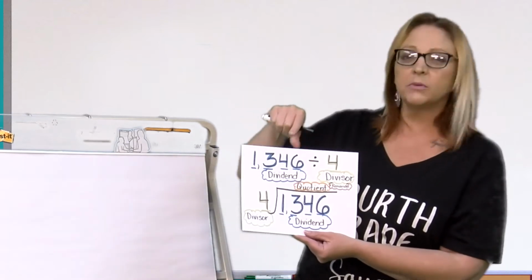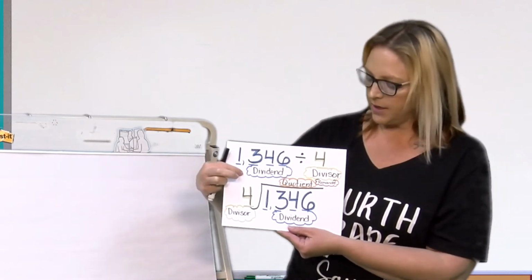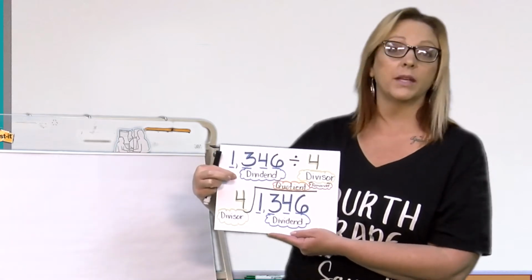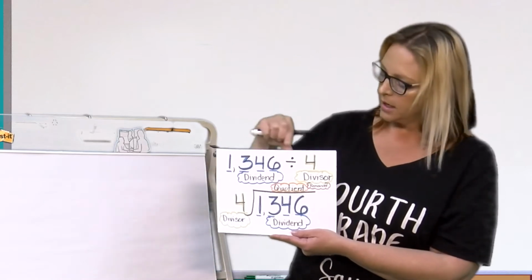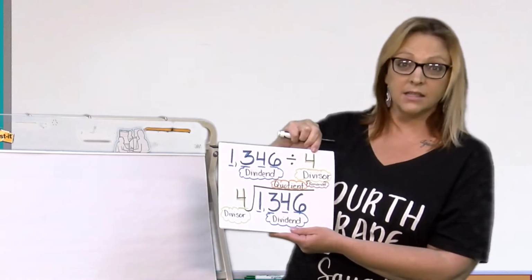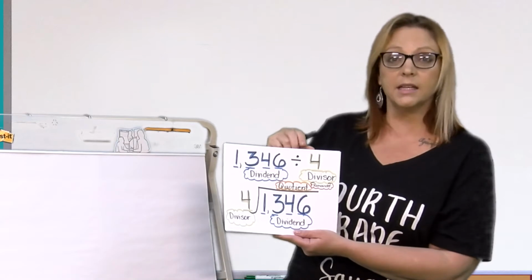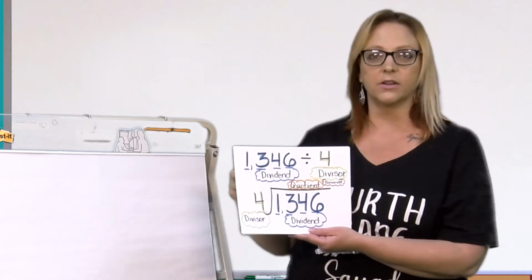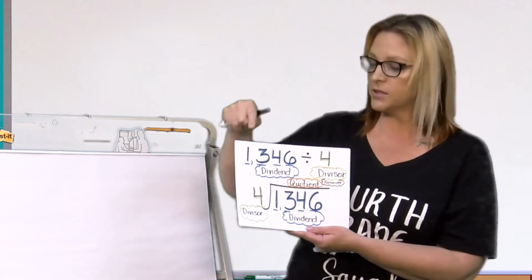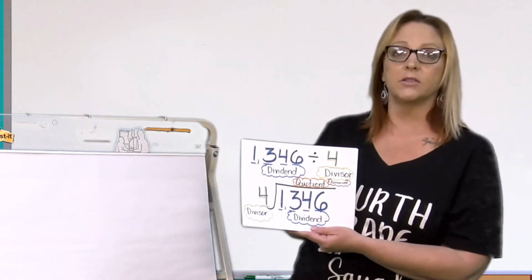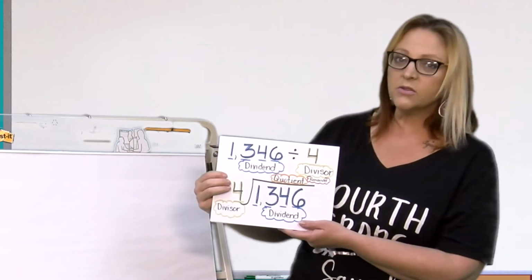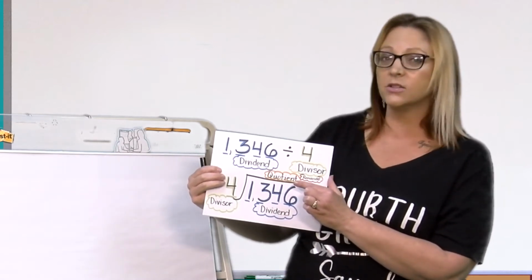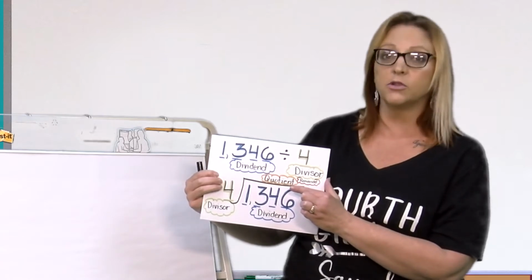The whole amount that we start with, that's called the dividend. Here we have the dividend. That's the entire amount that's going to be separated. The number of groups that we're splitting it into is called the divisor. This number 4 is the divisor. The answer that we get is called the quotient.